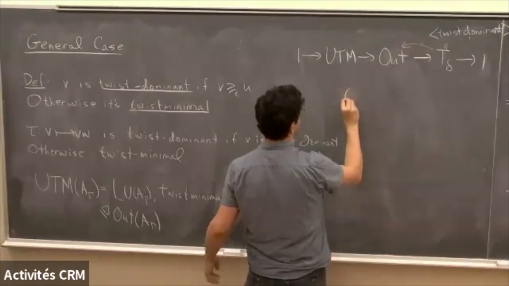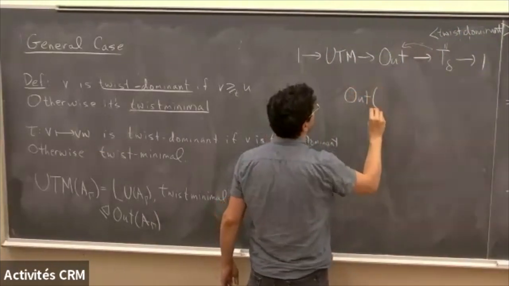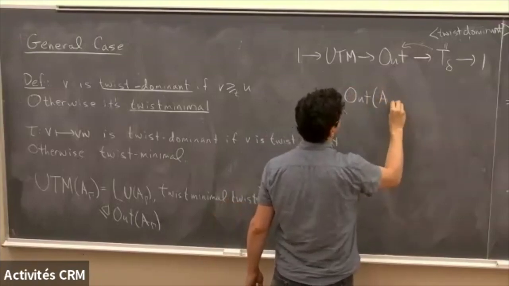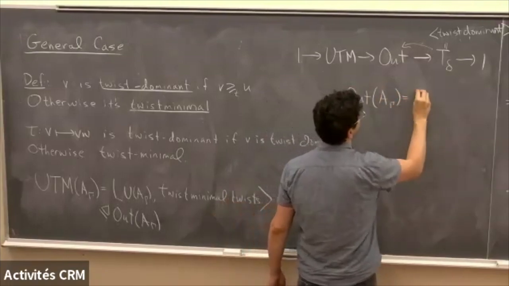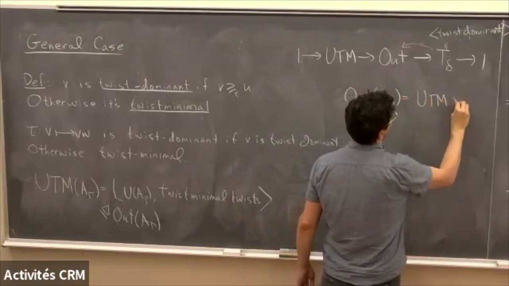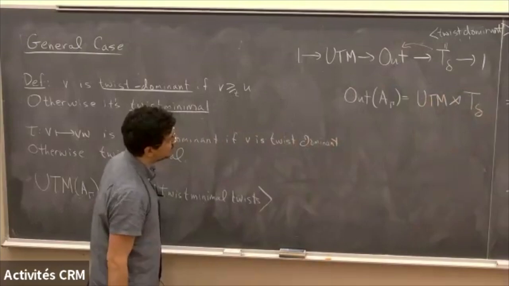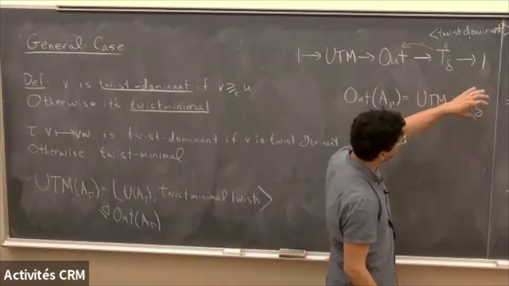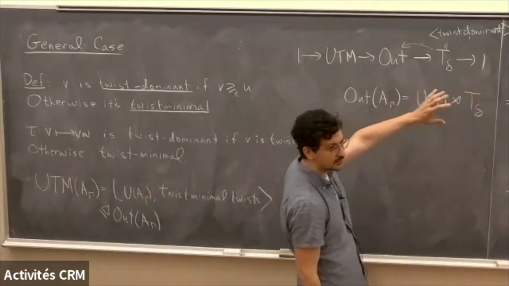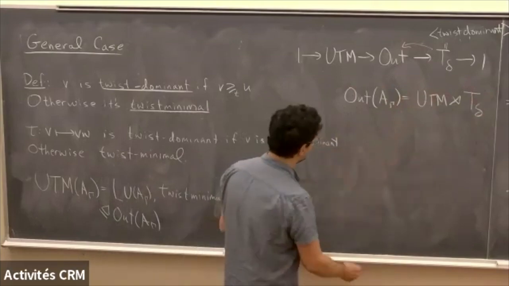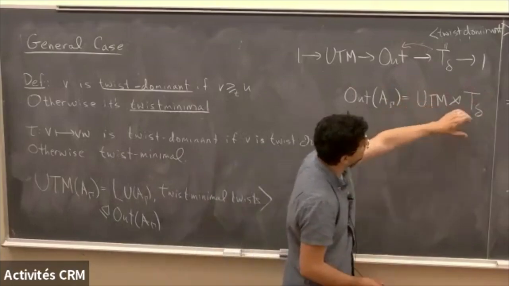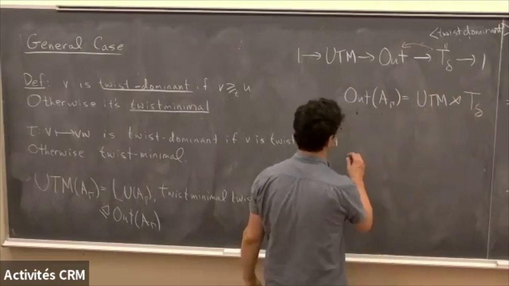So we always get this decomposition of Out of A gamma as a sort of semi-direct product of UTM and these twist dominant twists. Now the twist dominant twists really sit inside of GL. They live inside, they sort of act only on the Abelianization, and they actually have a sort of symmetric space or homogeneous space associated to them.